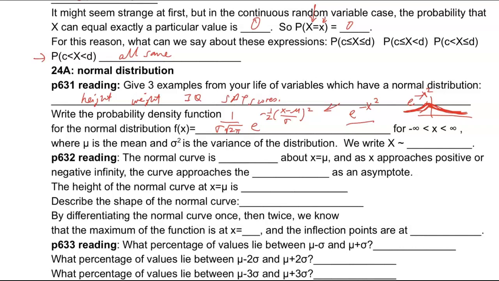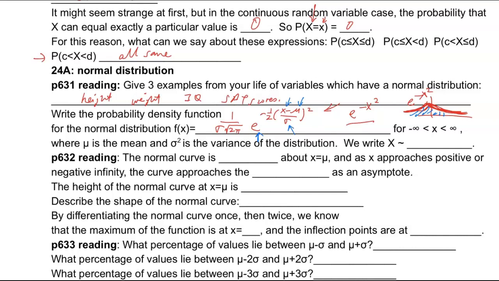I'm going to point to the x squared here. I'm going to point to the e here. Everything else is kind of extra to make it the right size. And of course the minus mu centers this normal distribution function around the center mu, and the sigma widens it or narrows it.